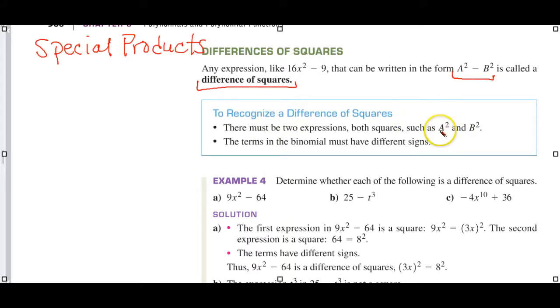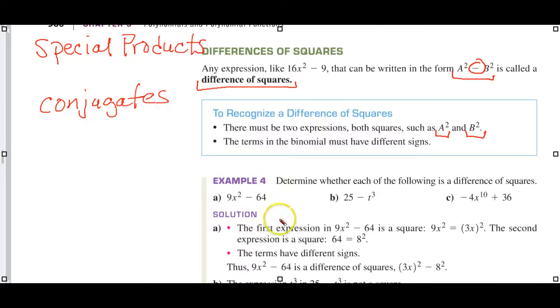And again, in order for it to be this, the first term must be a perfect square, and the second term must be a perfect square, and you're going to have a negative sign between them to give the word difference some meaning. So these are perfect squares, and keep in mind they will factor into their conjugates.